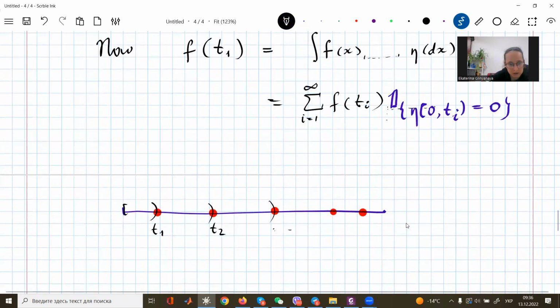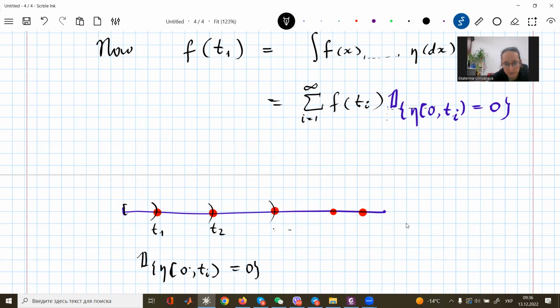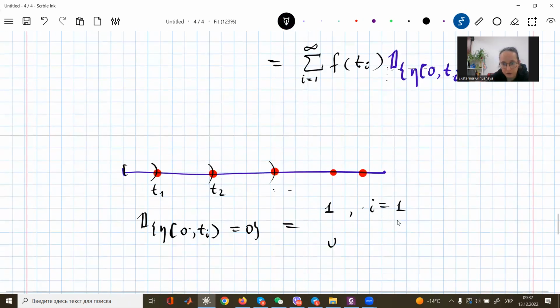So this is equal to 1 for i equal to 1, and 0 for i not equal to 1.